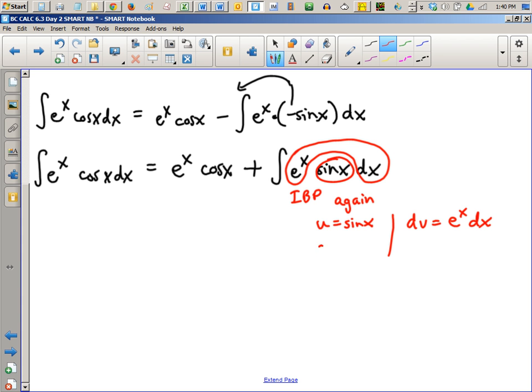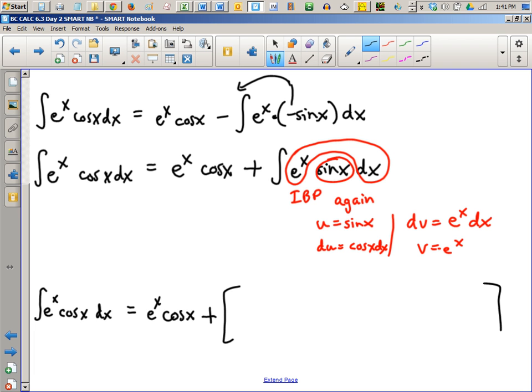Well anyway, I think I'm choosing the right u because I picked cos x last time. So du is cos x dx, and v is e to the x. So let's do uv minus integral of v du again. Let me rewrite my work here. So I've got the integral of e to the x cos x dx equals e to the x cos x plus, and here comes uv minus integral of v du.